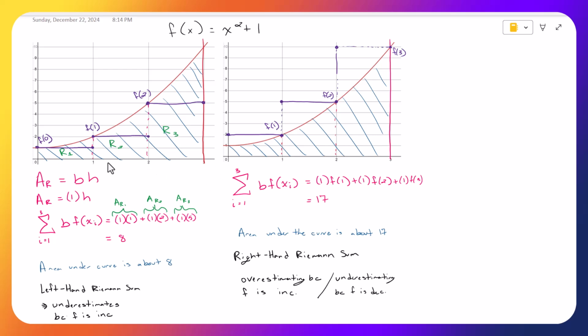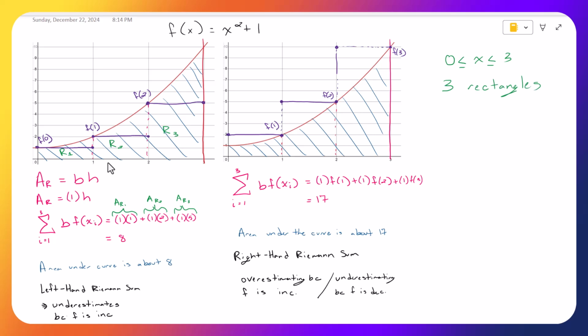We were going from 0 to 3. Our bounds were 0 is less than x is less than 3. Less than or equal to in both cases, technically. And I said we're doing 3 rectangles. So how can I divide this space evenly?